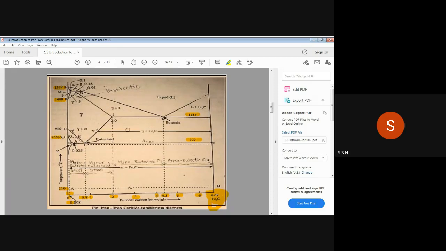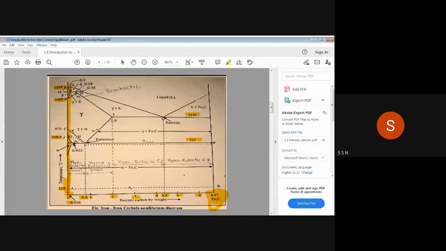Now observe this vertical line of 0% carbon, that means 100% iron. You may say that iron occurs only in the solid phase, but yes, it occurs in the liquid phase whenever we heat it above 1539.